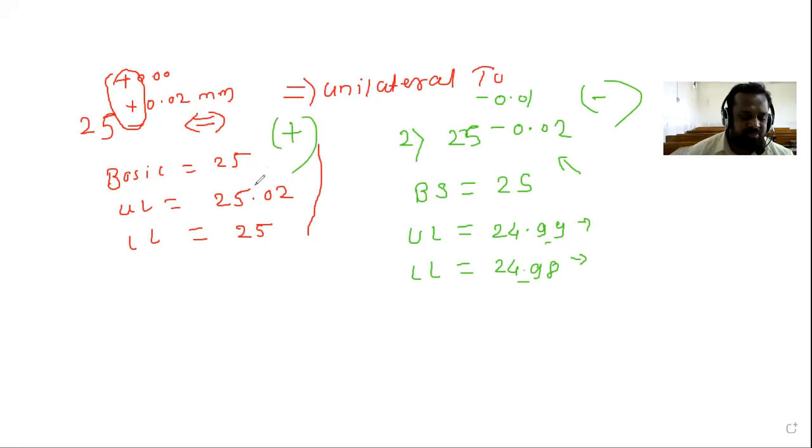Now, how to show those tolerances in a graphical representation. Suppose this is the basic size, or we can call it the zero line. The zero line indicates the basic size, which is 20 mm. For this example we are going to write down here.